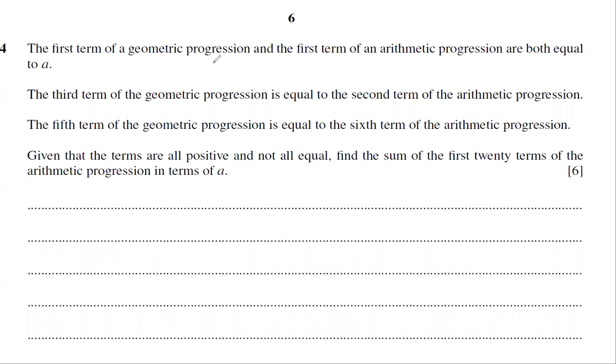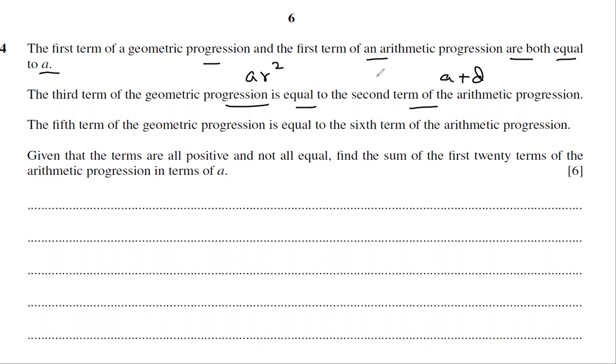Okay, the first term of a geometric progression and the first term of an arithmetic progression are both equal to A. Okay. Third term of the geometric progression, sir, what will it be? A r square. Second term of the arithmetic progression, sir, A plus n minus 1 into d, so it becomes A plus d. Right, so these are equal, both equal to this.